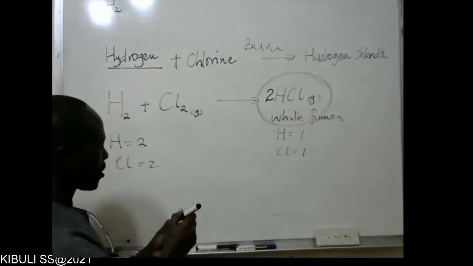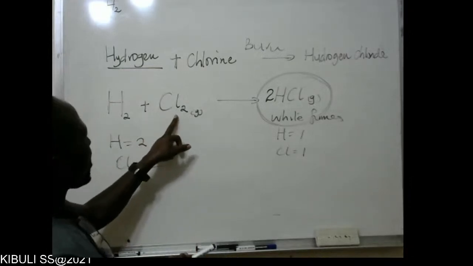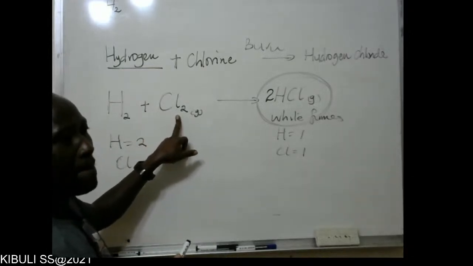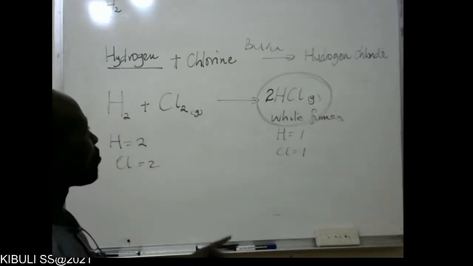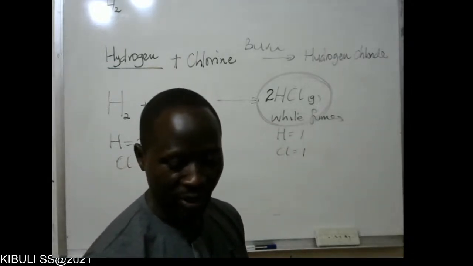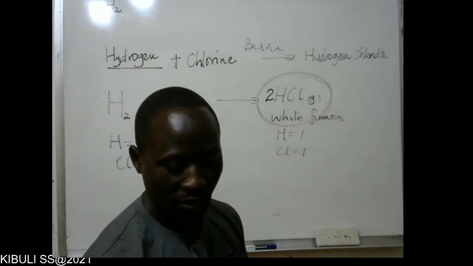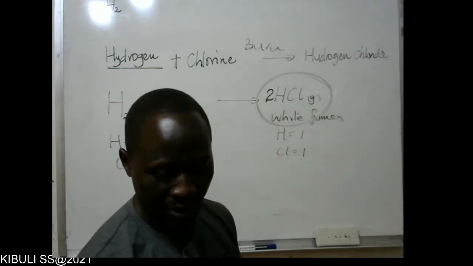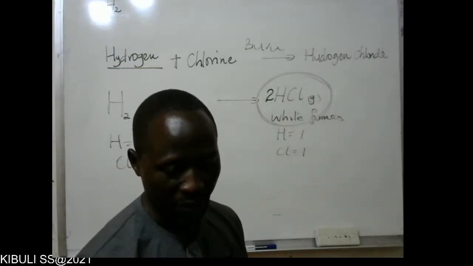So observation: the pale yellowish greenish gas burns in hydrogen to form white fumes of hydrogen chloride. So we end up with white fumes of hydrogen chloride as a product of the reaction.